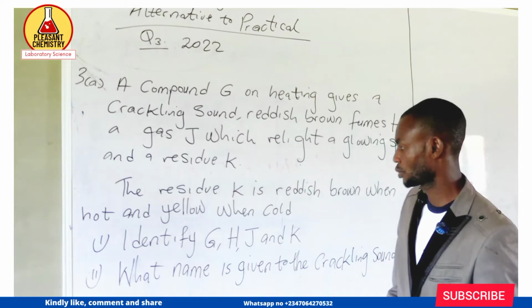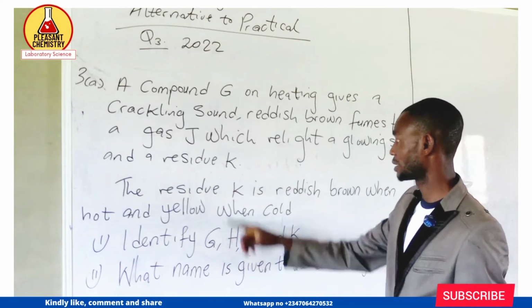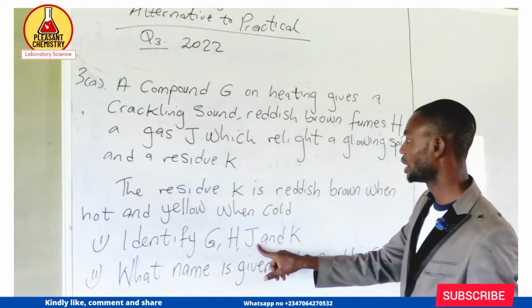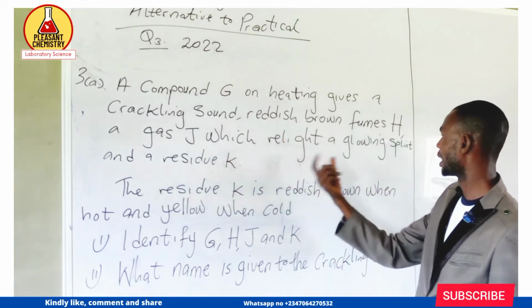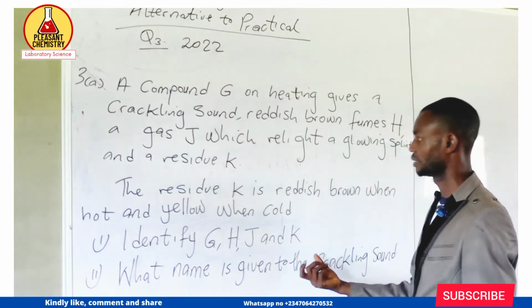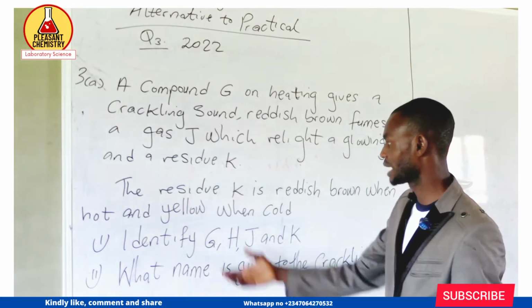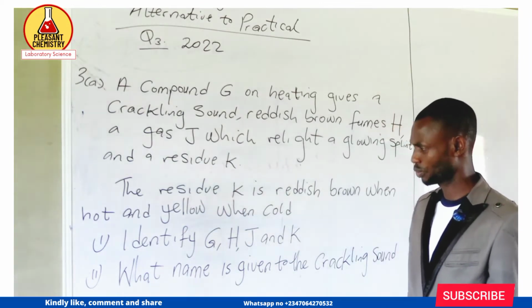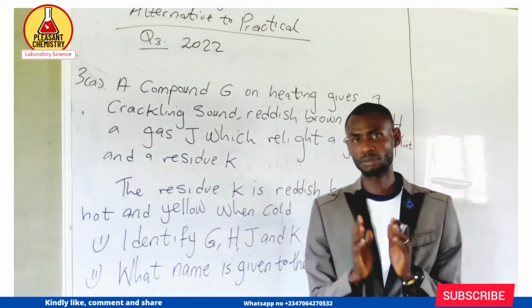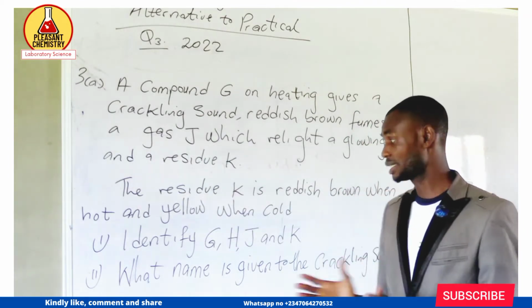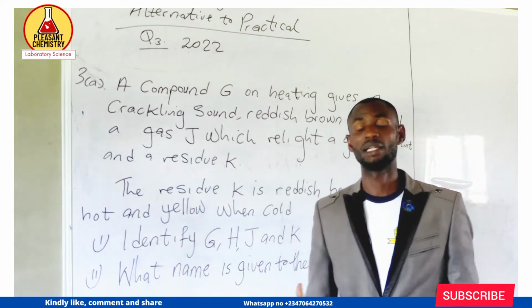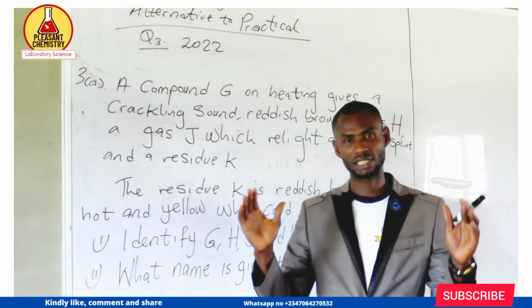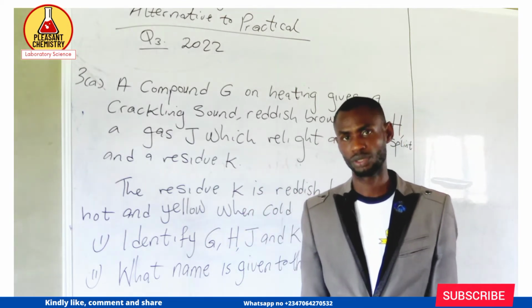Then the question is asking us to identify G, that is, which compound is that? H, which gas is reddish brown? J, which gas relights a glowing splint? And K, what is the residue of that compound? Now note, this question is asking us about trioxonitrate(V) salts, and virtually all trioxonitrate(V) salts decompose.